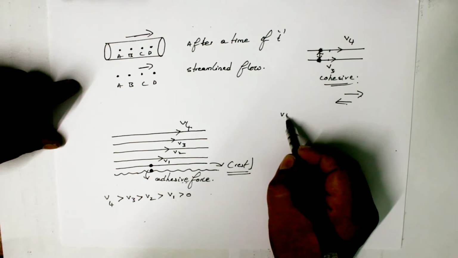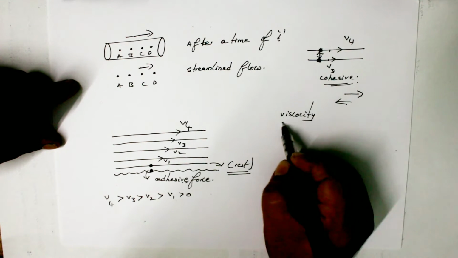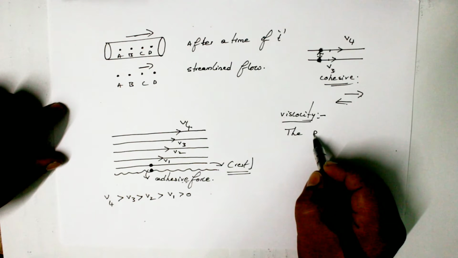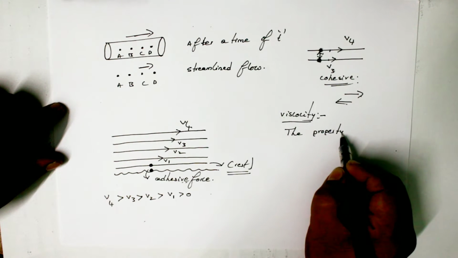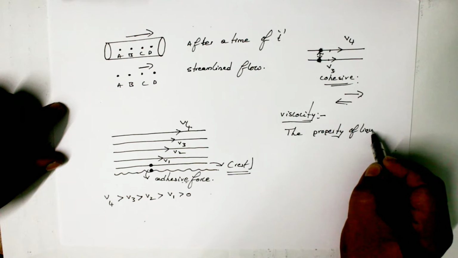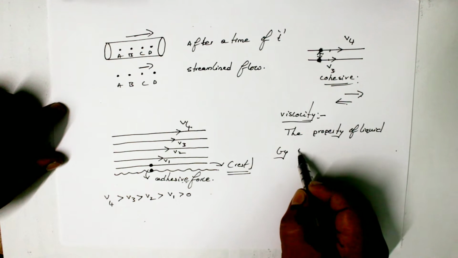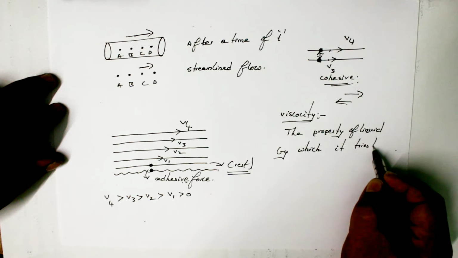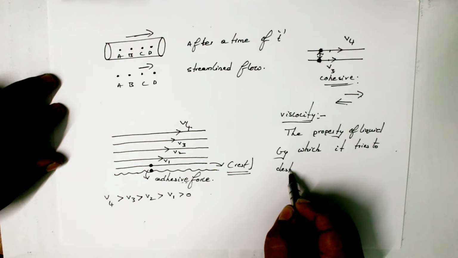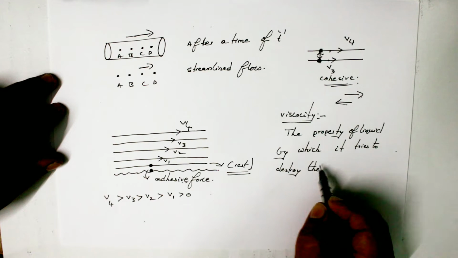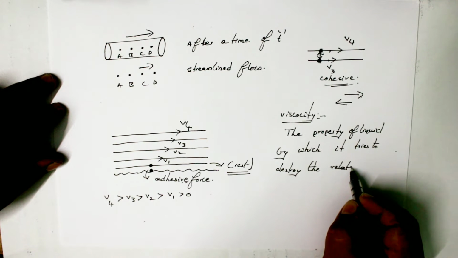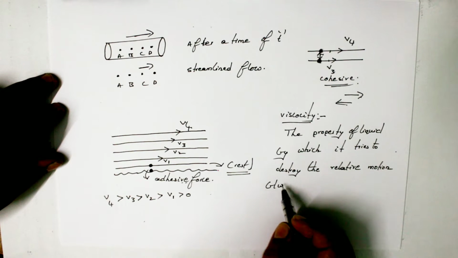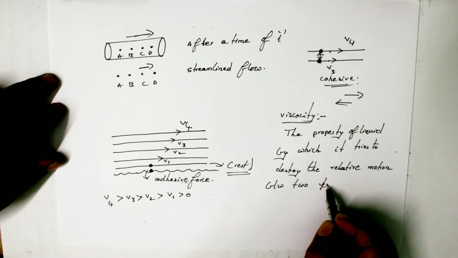So therefore, how can I define viscosity? Viscosity can be defined as the property of liquid by which it tries to destroy the relative motion between two layers of liquid.